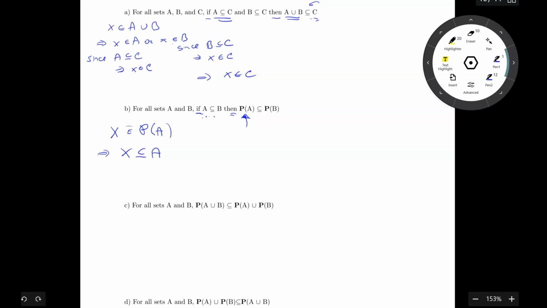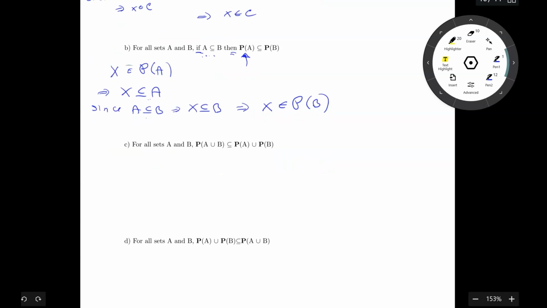This is an element of, and this is a subset. Now I say, oh, wait. Since A is a subset of B, this means X must be a subset of B. And what does that mean? X will be an element of the power set of B. A subset will be in the power set of B.